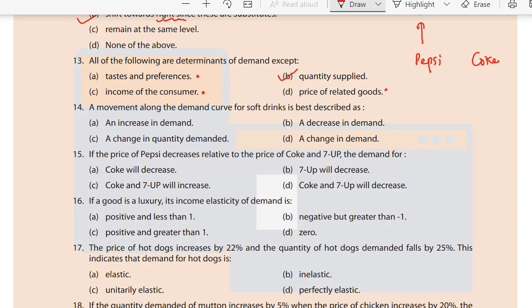A movement along the demand curve for soft drink is best described as: A, increase in the demand; B, decrease in the demand; C, a change in the quantity demanded; or D, a change in the demand. The answer is C, that is a change in the quantity demanded.